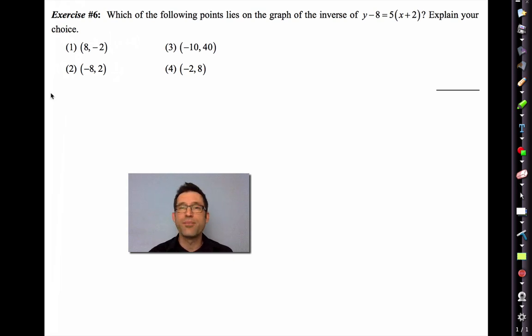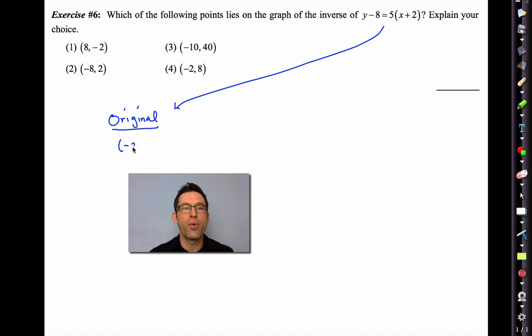All right, but here's what's real easy. We should be able to look at this and say, oh, I can tell that the point -2, 8 lies on that function. Think about it. Y minus y1 equals m times x minus x1. Right? So therefore, x1 is -2 and y1 is positive 8.